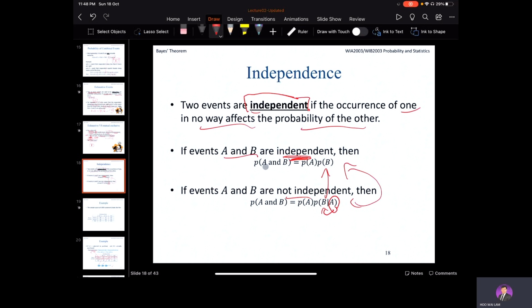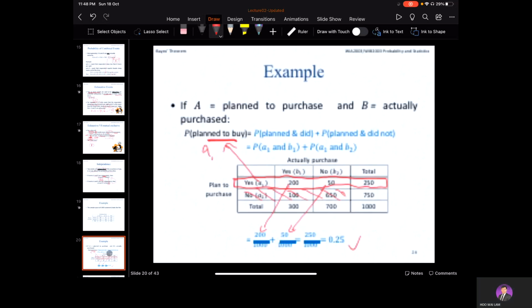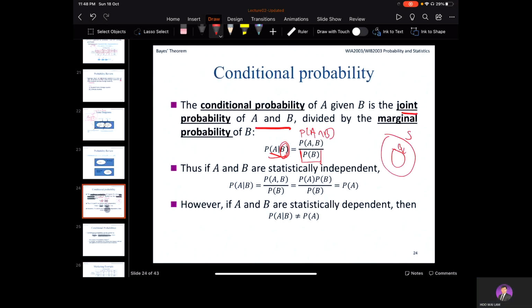Probability of A and B, which is the same as probability of A intersect B. We have discussed just now that probability of A intersect B equals probability of A times probability of B. So once you have substituted over here, probability of B and B you can cancel off.